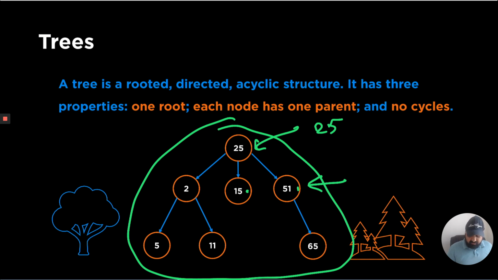And 5 has one parent, which is 2. 11 has one parent, which is 2. And 65 has one parent, which is 51. This property is excluded for the root element because the root will never have any parents. And you can see in this tree that there are no cycles, since none of these are joined.